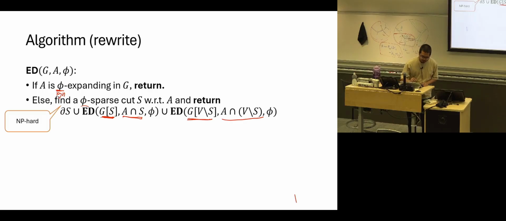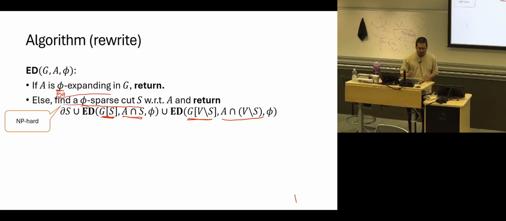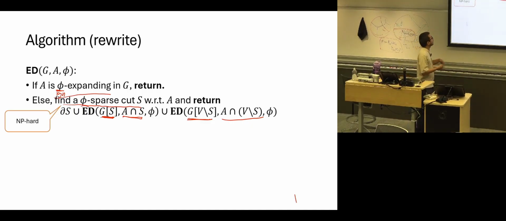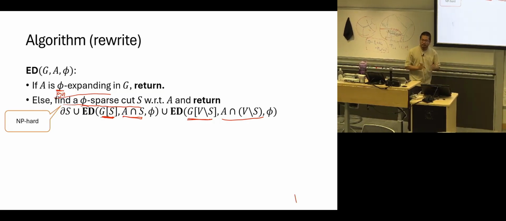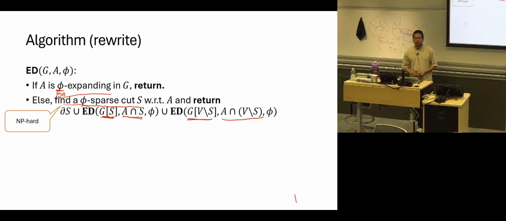To check if there is a phi sparse cut or conclude that A is close to phi expanding, just this subroutine, we can do it fast now. Why is that? With the max flow stuff? Yeah. With the cut.